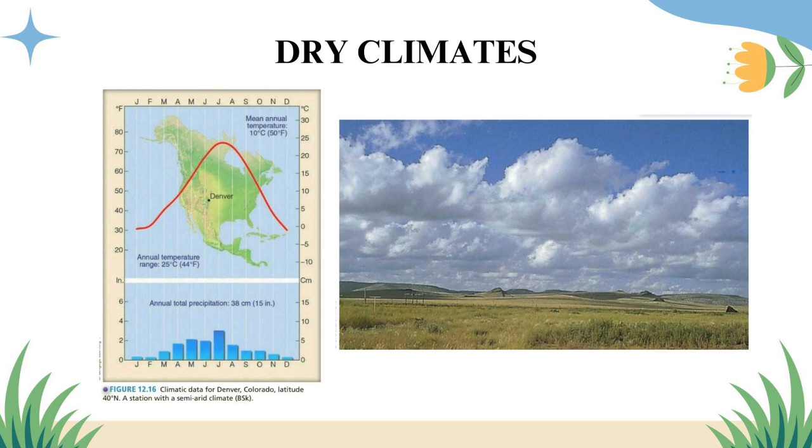So I have here another figure, a climate graph that shows low total precipitation, around 350 millimeters, with most months receiving less than 50 millimeters. So the temperature line peaks in summer, indicating hot and dry conditions like those seen in desert climates.